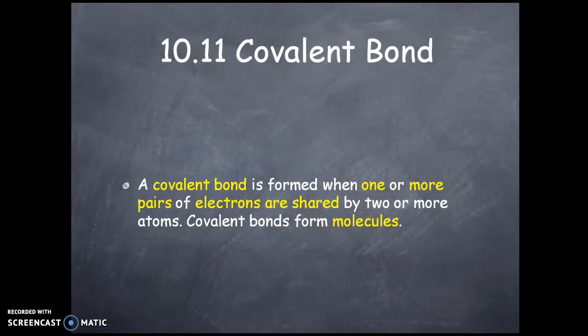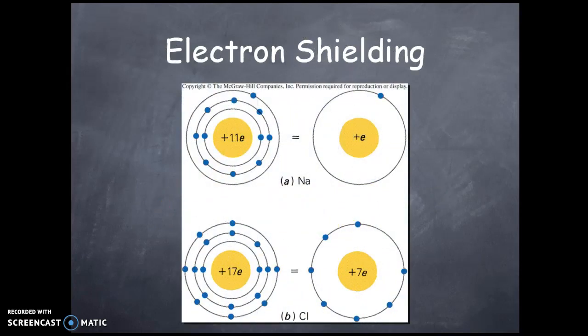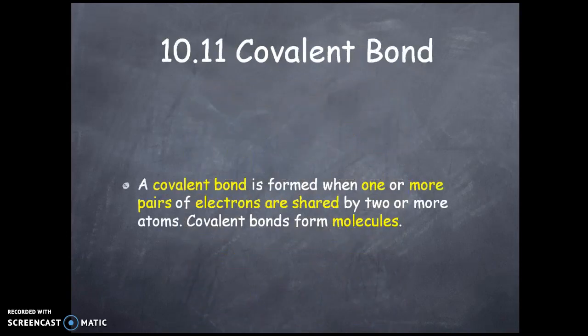The next one is covalent bonding. Earlier, when sodium and chlorine react and form NaCl, the bonding between sodium and chlorine is called ionic bonding, because they become ions and they bond. The next type of bonding is covalent bonding.